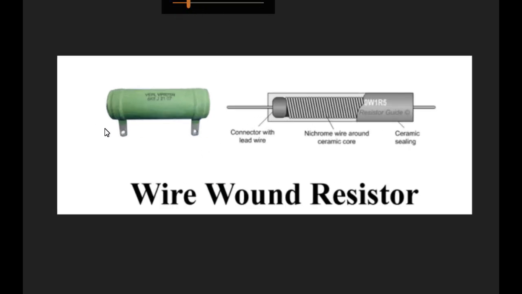Here you can see these two sides are terminated with a terminal, and inside the ceramic wrapper or sealing, the wire has been wrapped over the ceramic rod. There are special types of wire, but always remember this: every winding should not be physically or electrically connected to each other. It should be separated very precisely, and only then will the resistance value develop between these two terminals.